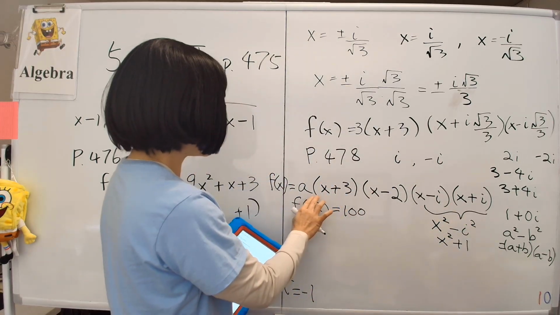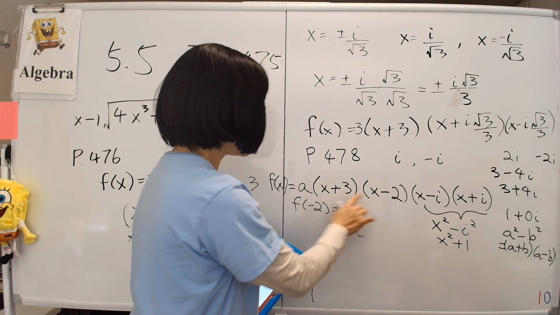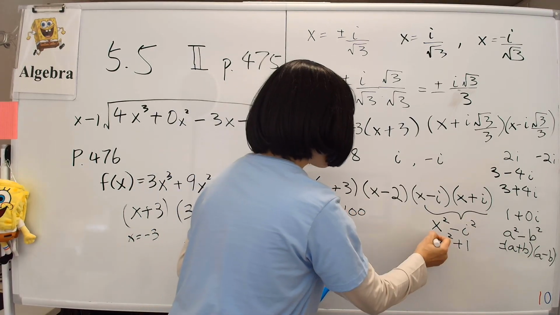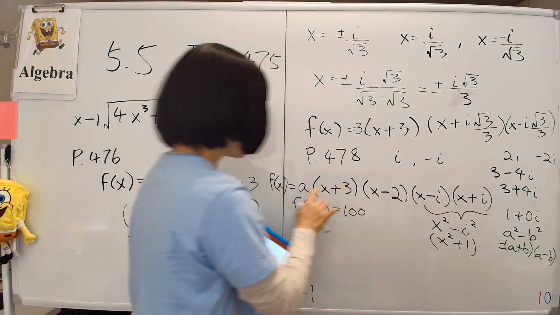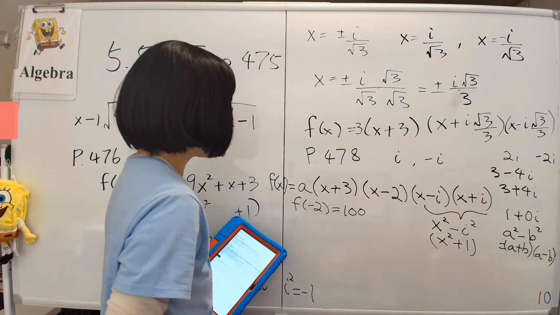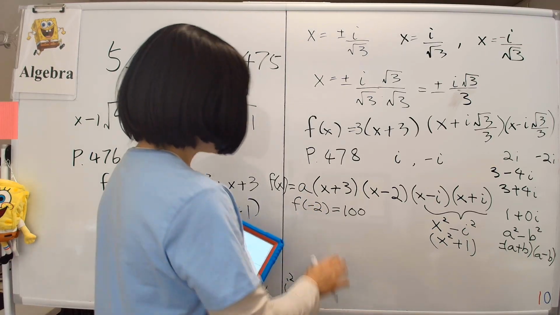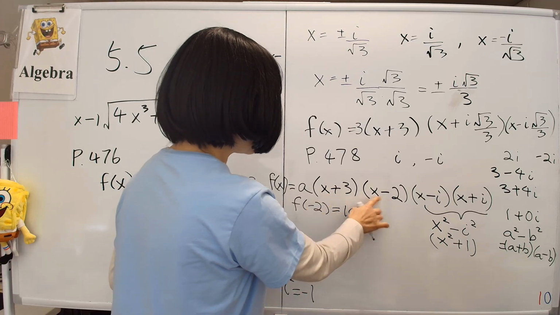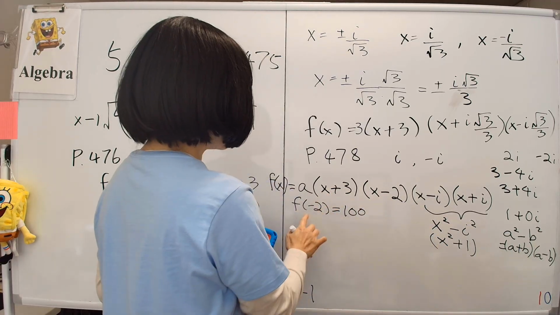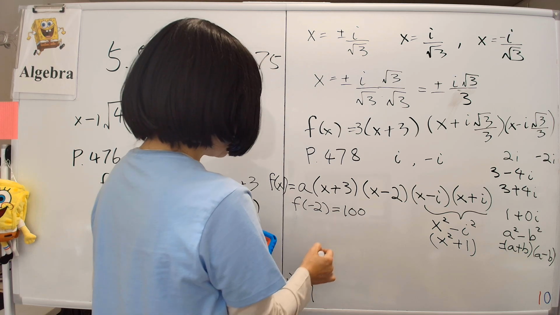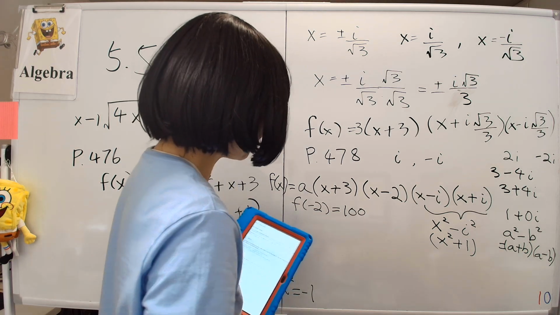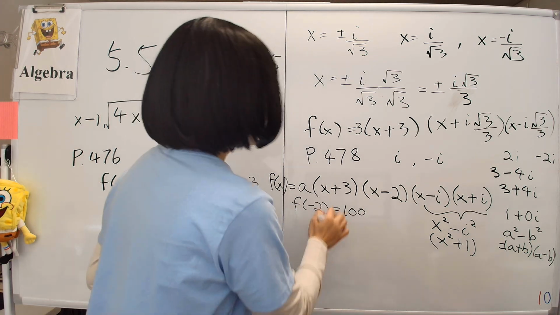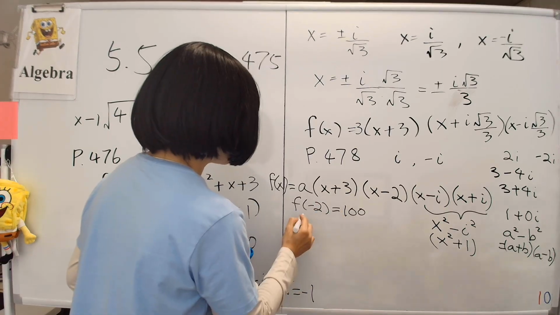So this entire polynomial is x plus 3, x minus 2, and x squared plus 1, but it multiplies by some a here. Now, what is a? We'll figure out by plugging in x as -2 and figuring out what that is.